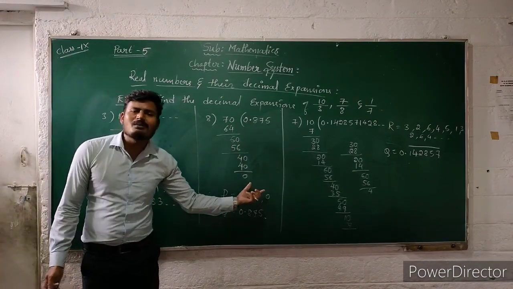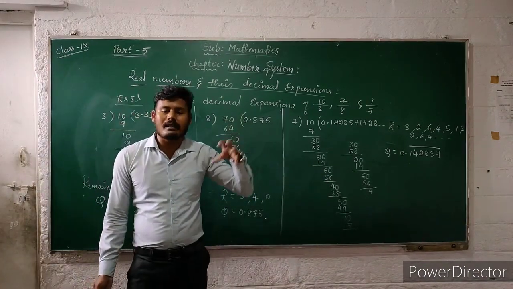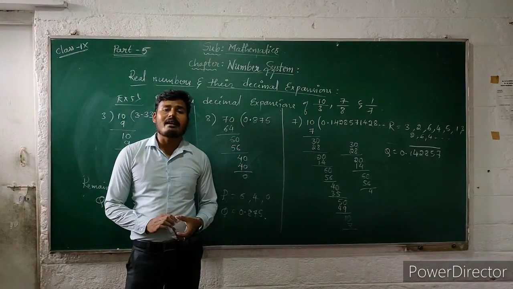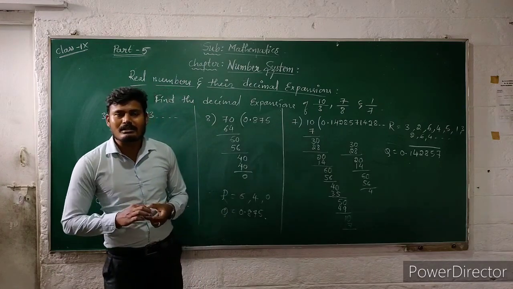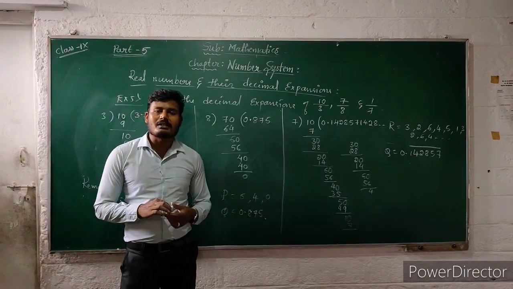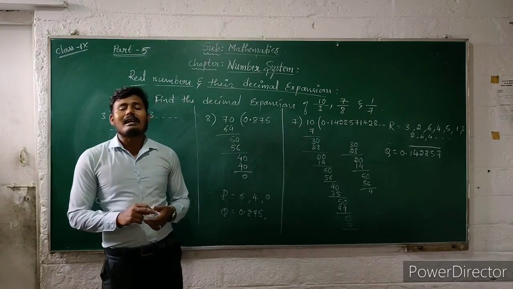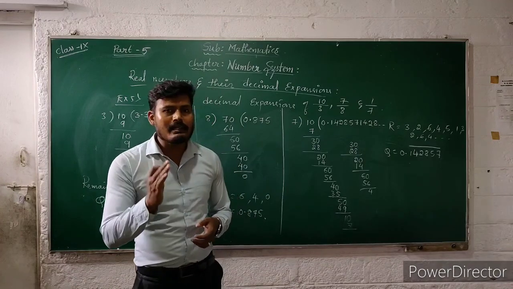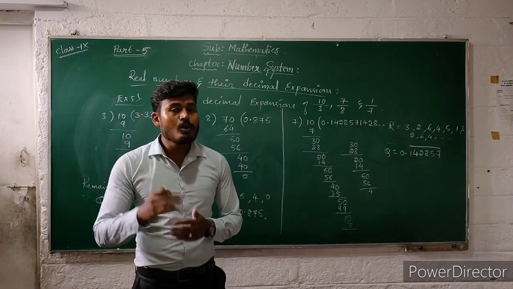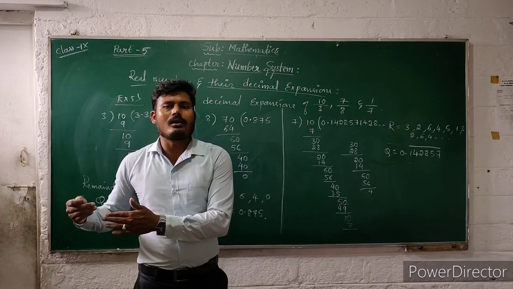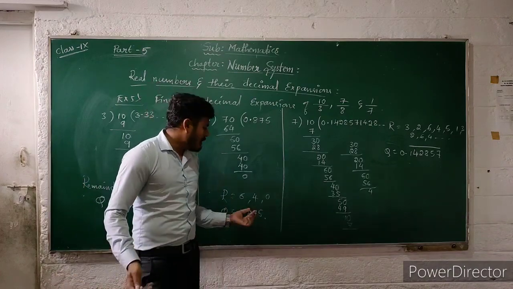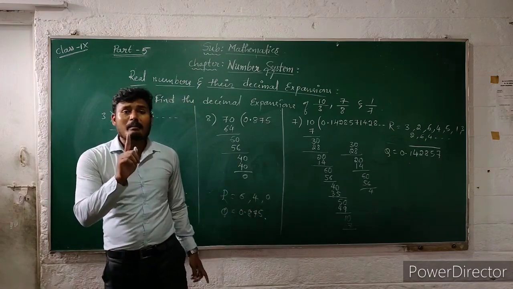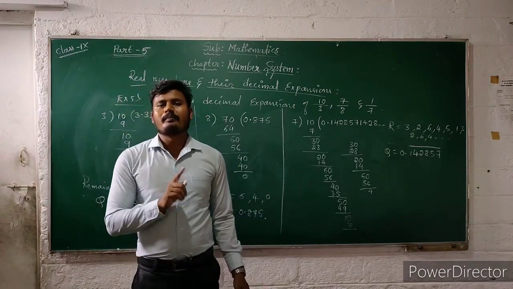If the remainder becomes 0 at a certain stage, then the decimal expansion of that kind of division should be a terminating decimal expansion.